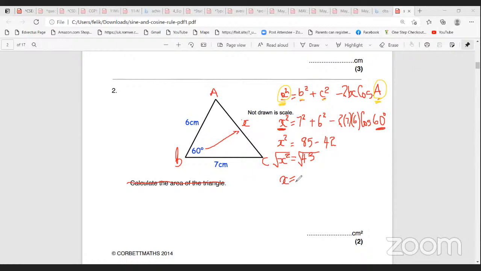I was pushing the wrong button. I got 6.55. 6.6.